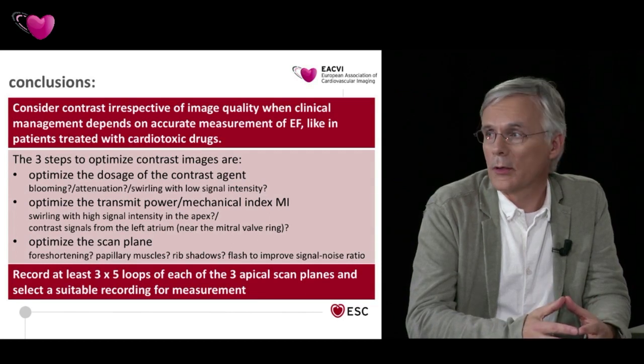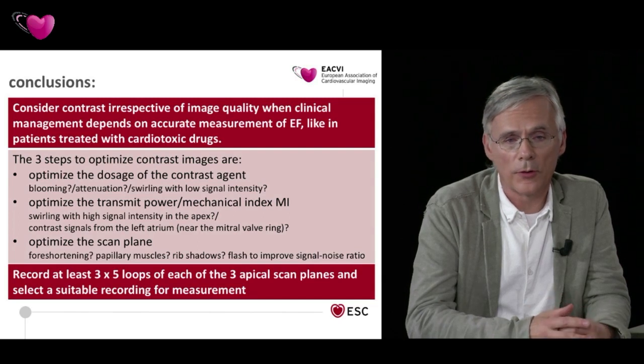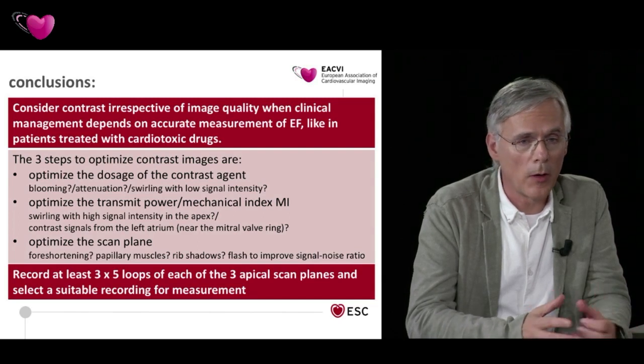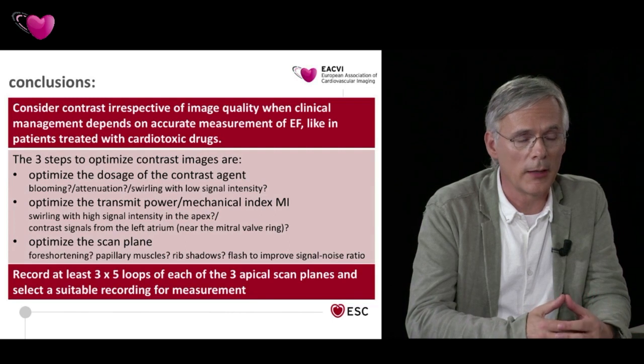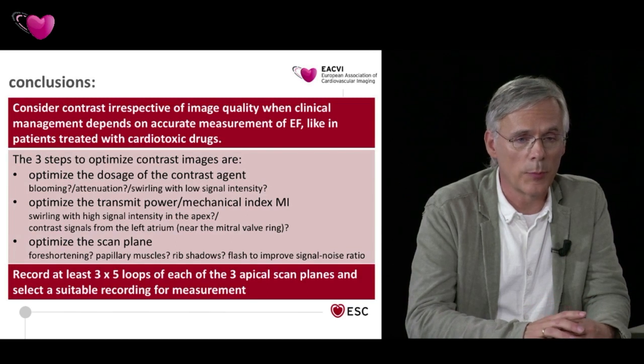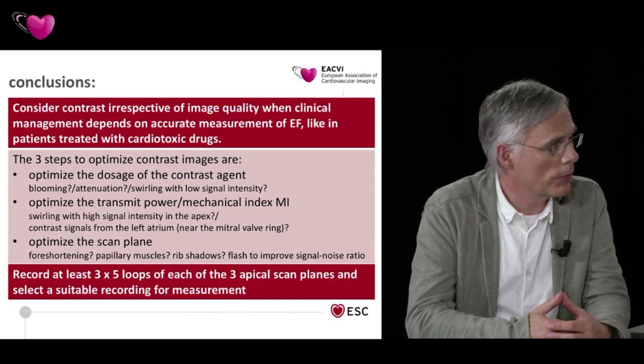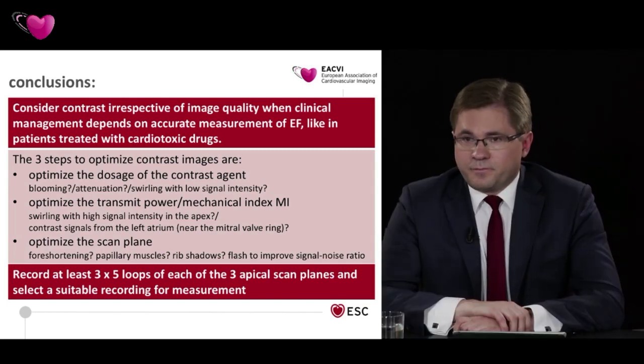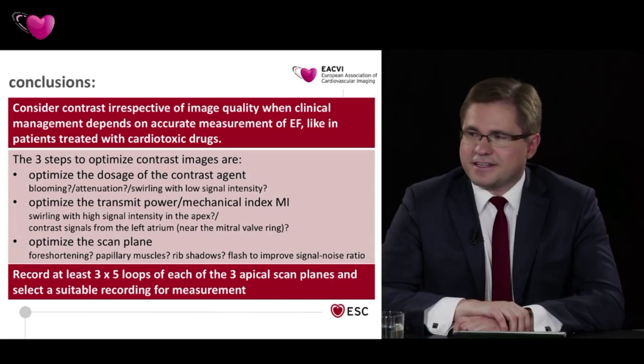The first one is that we optimize the dosage, then we optimize the transmit power, we optimize the scan plane, and at least we should record 3 times 5 loops of each of the 3 apical scan planes, and then select an appropriate recording for the measurement.